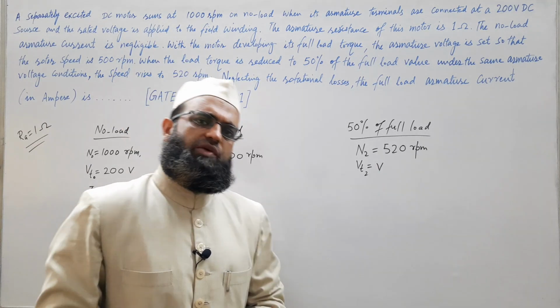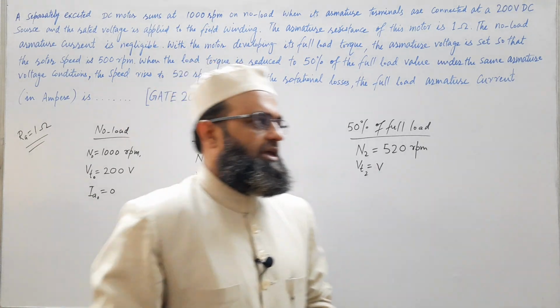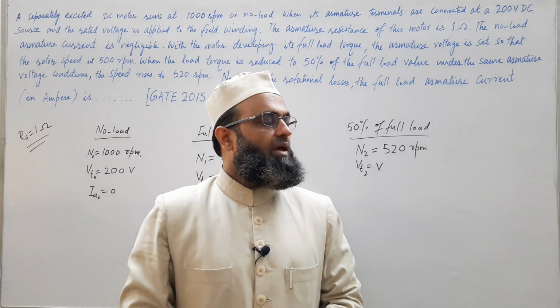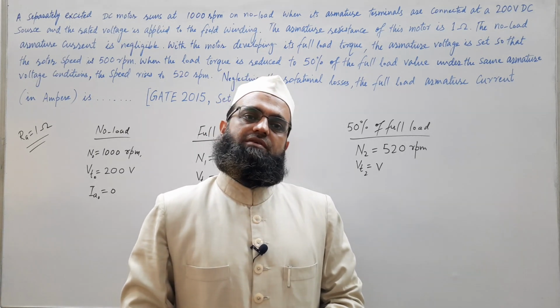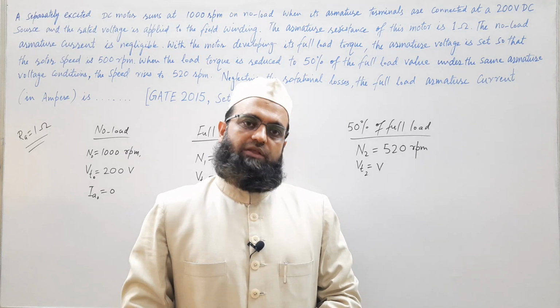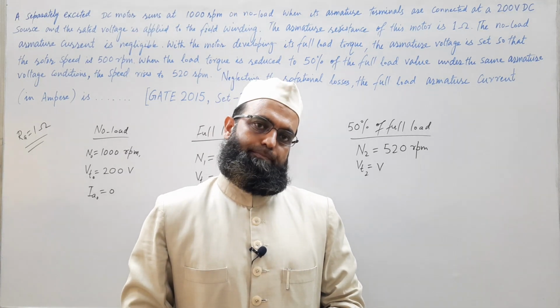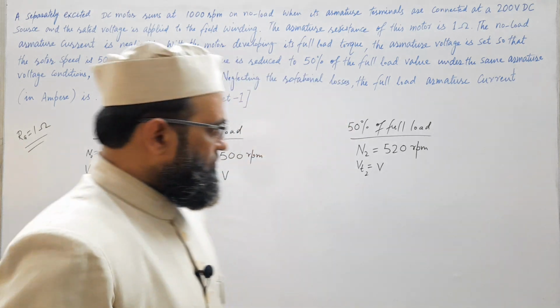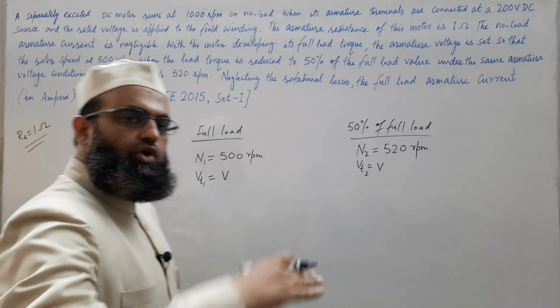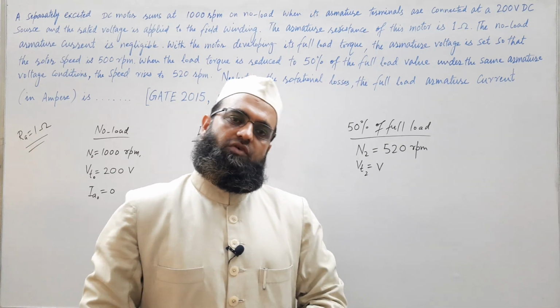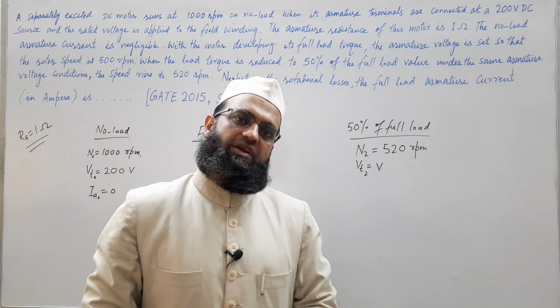We just discussed in the previous lecture that in equilibrium position, the speed is constant and the two torques, load torque and shaft torque, are equal. As soon as load is reduced, shaft torque dominates, so the rotor starts accelerating.